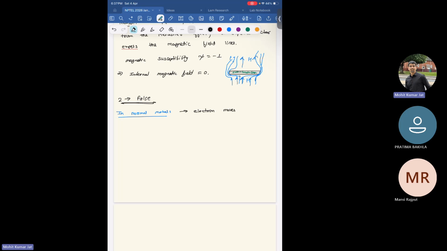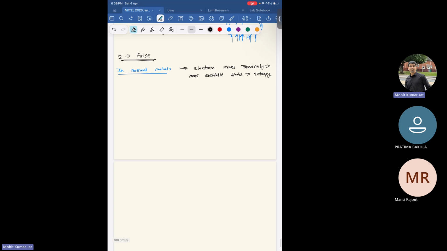That means more available microstates, more available states, and if there are more available states, there is more randomness in the system. What does that mean? It means larger entropy, because entropy is a measure of the randomness.